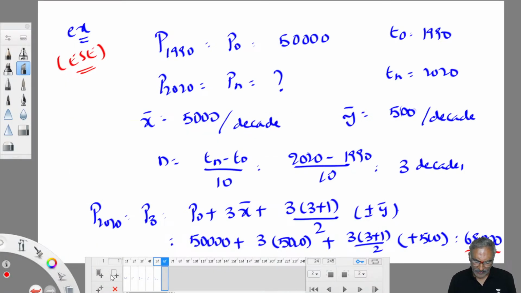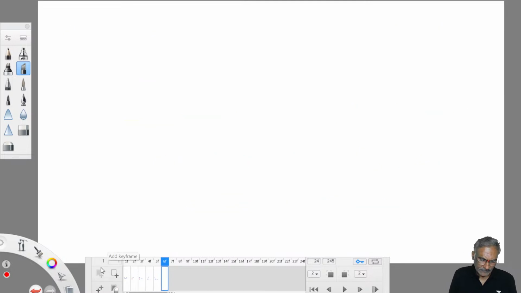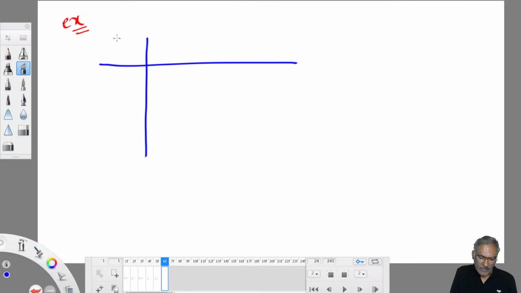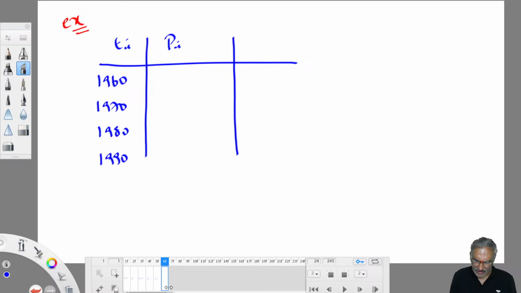So one more example. What is given to you? Time and population are given: 1960, 1970, 1980, 1990 and 2000.